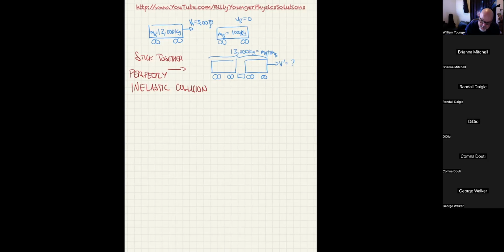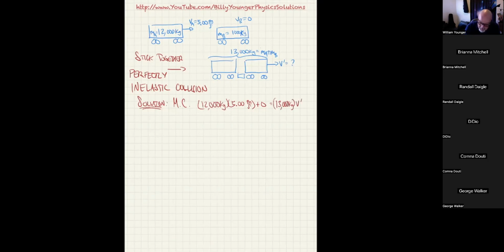So, I'll write it, solution. Momentum conservation gives me the following. 12,000 kilograms times 5.00 meters per second plus 0, the velocity of the first one, 0, is equal to 13,000 kilograms times v prime.